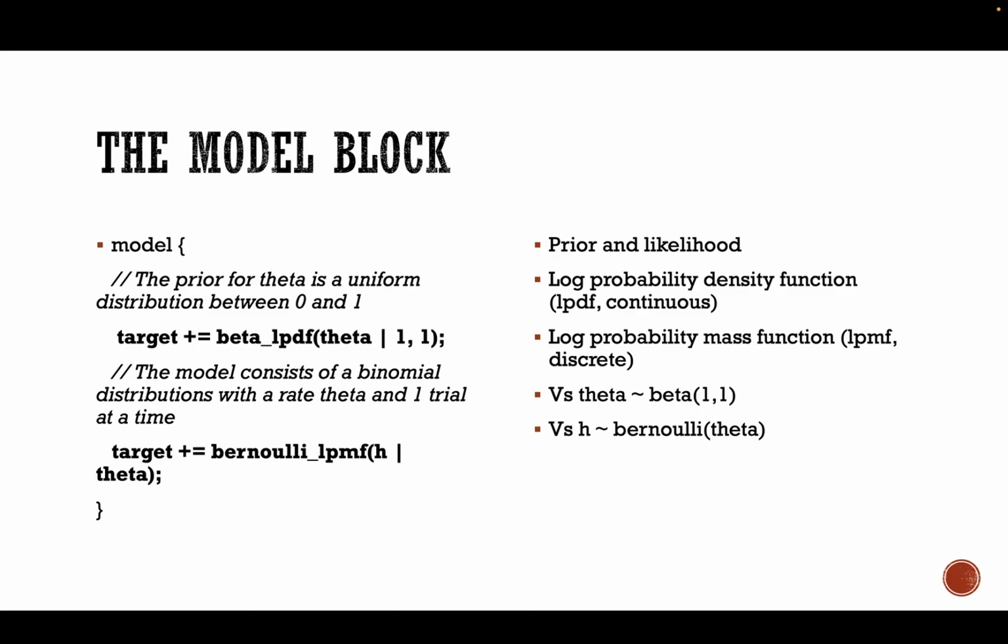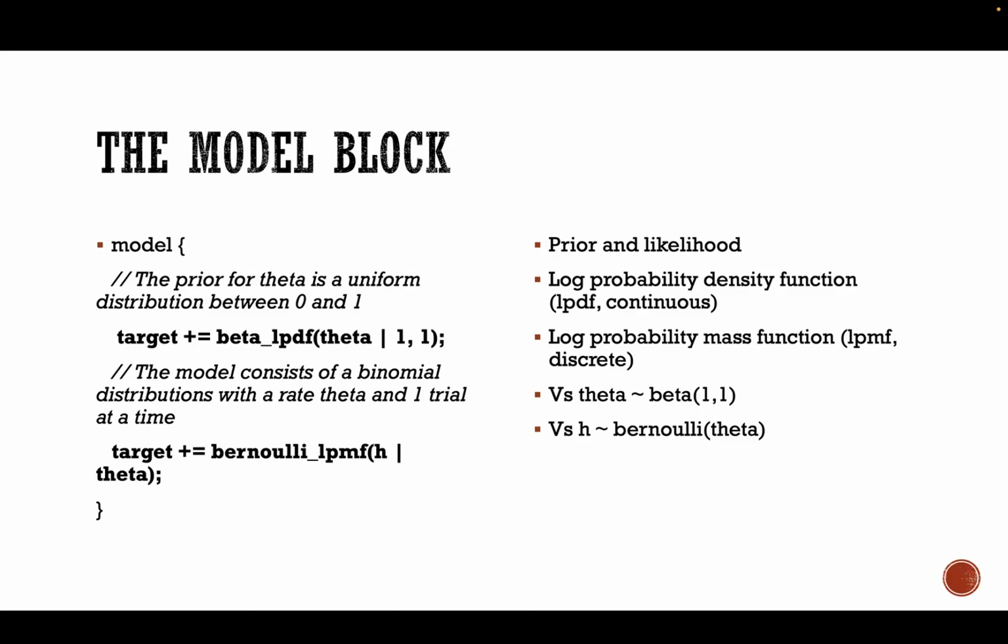Then we have the likelihood, in which we say target plus equals that H, the observed behavior, is generated by the Bernoulli log probability mass function with a parameter of theta. There's a couple of things.